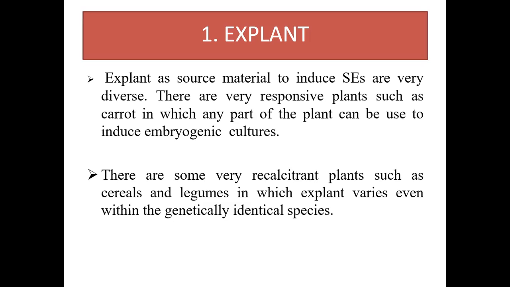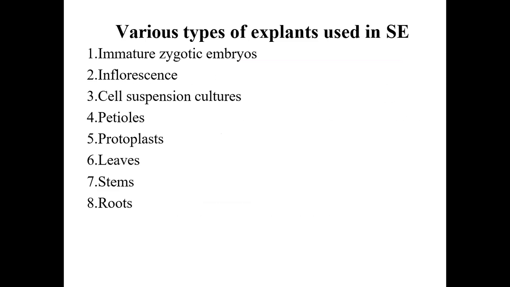They are very diverse and responsive; they can be found in any part of the plant that induces embryogenic culture development. Please remember, guys, that they are also at times used for very recalcitrant plants such as cereals and legumes, in which the explants vary even between species.